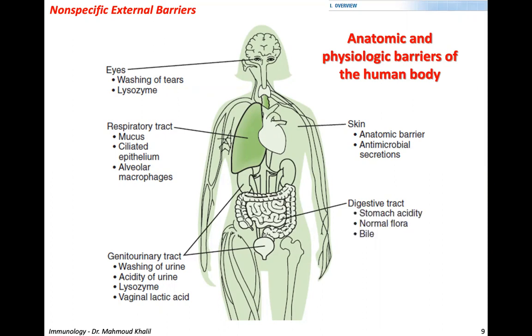For the digestive tract, you have the stomach acidity, which kills a lot of bacteria ingested with food. And you have a normal flora. What's a normal flora? It's a collection of bacteria that normally lives inside your gut. And you have the bile as well. And all of these are physiological barriers.